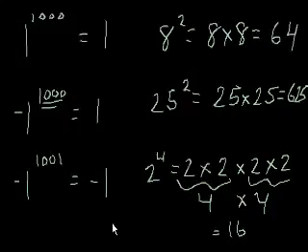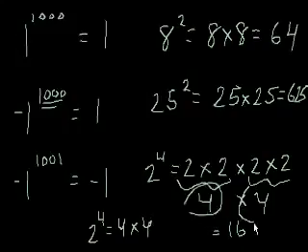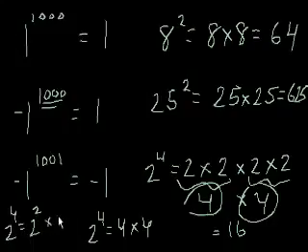Notice that 2 to the 4th is equal to 4 times 4, right? Because we did 4 times 4 here. I'm going to detail this more later on, but I want you to think about what that means. Because 4 itself is the same thing as 2 squared. So we learned real fast that 2 to the 4th is the same thing as 2 squared times 2 squared. So I'll let you sit and think about that.